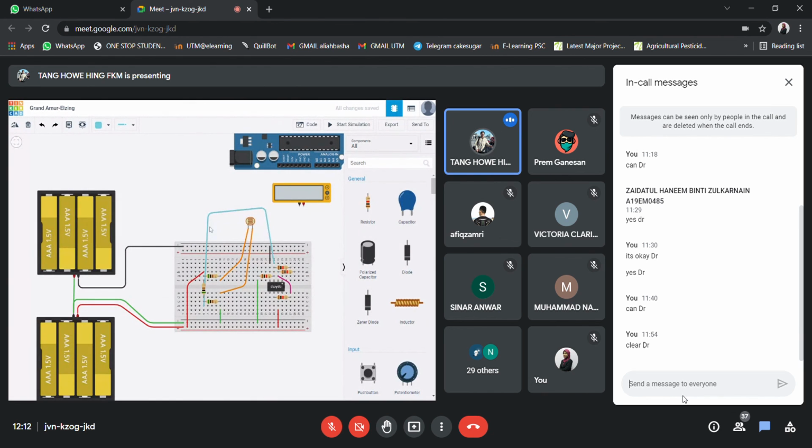Okay. All right. And then for the VB will enter as the inverting input, which is here.